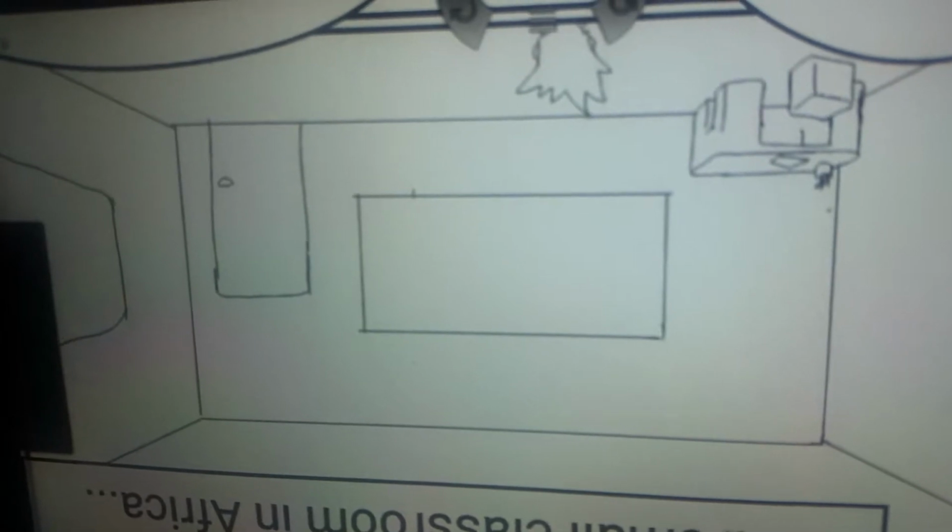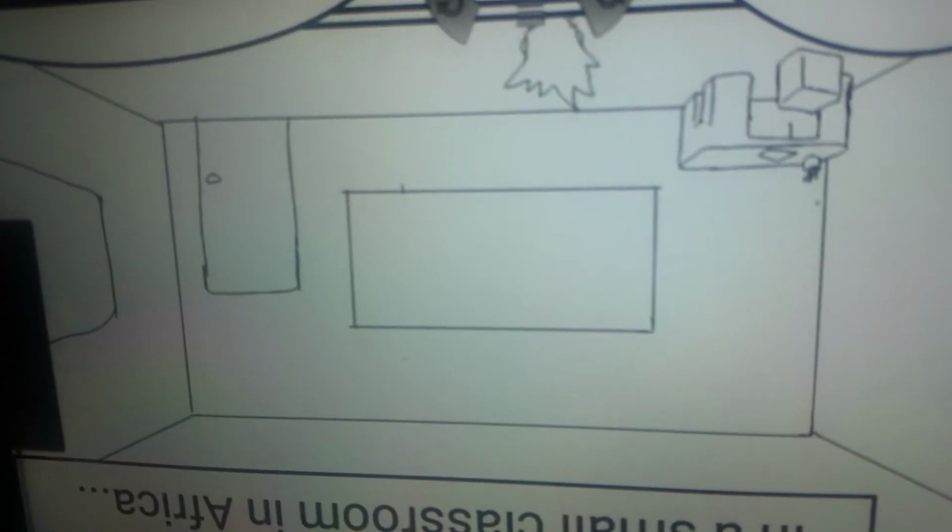I also added a door for the front because I'm going to make the classroom a separate building from the entire school. Again, this is a poor sector of Africa. Now, I'm not saying all of Africa is poor. No, I'm not that kind of idiot, but there are still very poor parts of Africa, just like there are poor parts of other places in the world.